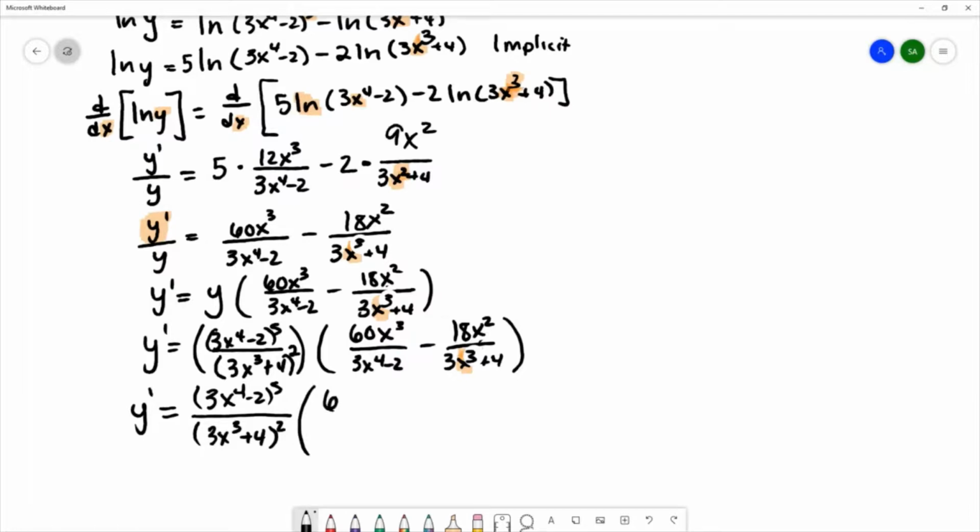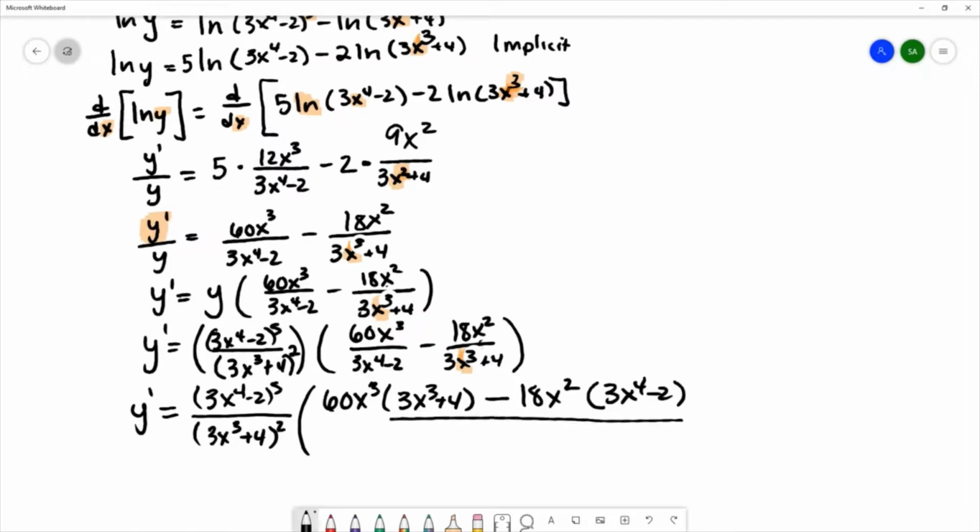That's going to be 60x cubed times 3x cubed plus 4, I'm using the denominator of the other fraction, minus 18x squared, the denominator of the other fraction, times 3x to the fourth minus 2 over 3x to the fourth minus 2. And this is all over our common denominator of those two denominators multiplied: 3x to the fourth minus 2 times 3x cubed plus 4.